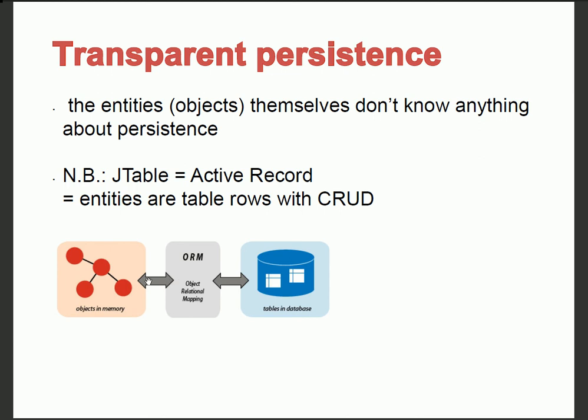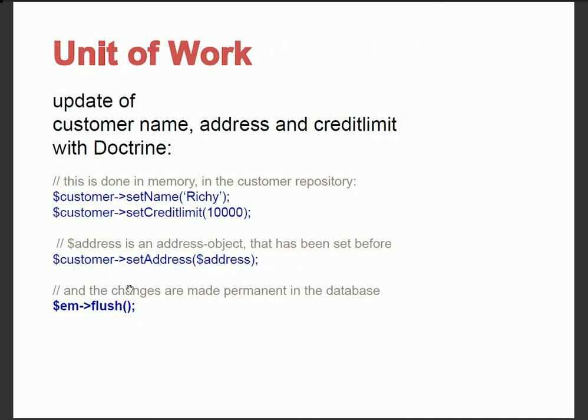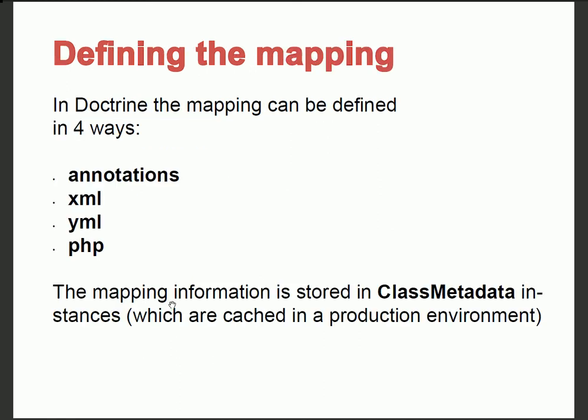After you have done some things with your objects, you give the entity manager the command, okay, now flush every change that I have made to the objects in my domain model to the database, and then they come in the database.